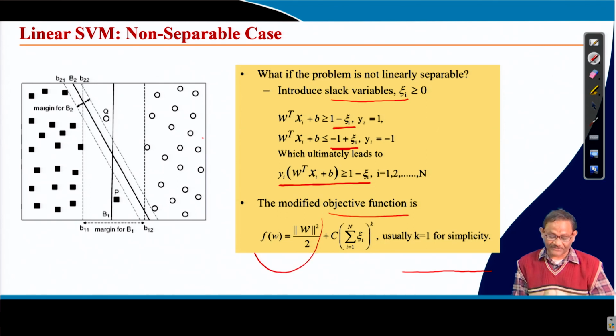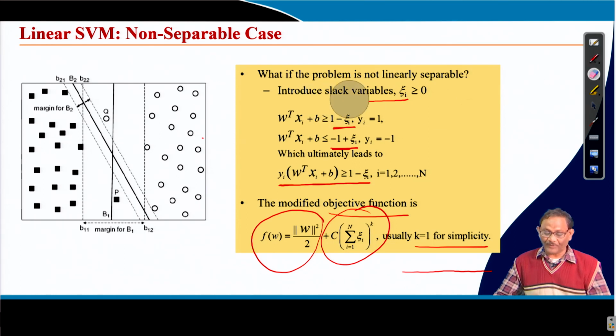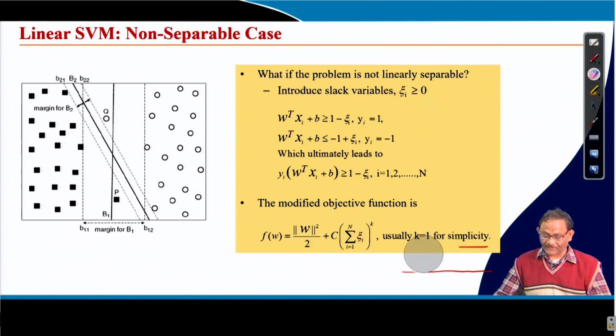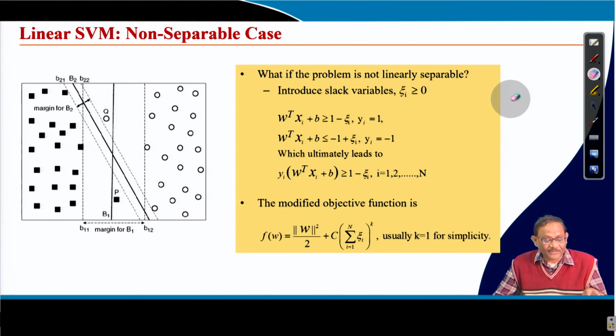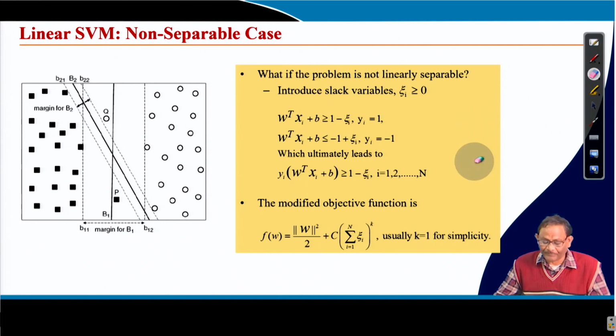Earlier in the objective function we see this portion, now the additional portion is plus the sum from i equal to 1 to n of xi_i to the power k, for the slack variable. Now k can be any value, but for simplicity k is considered to be 1. So that means in order to develop the program, your mathematics is changing a little bit here, and you have introduced the slack variable to cater to the problem related to the non-separable case of this nature that we have discussed so far.